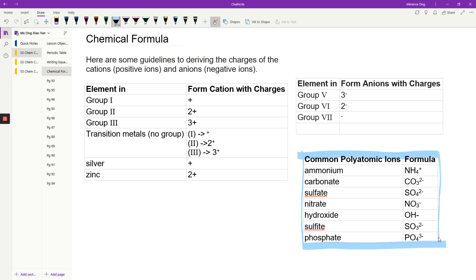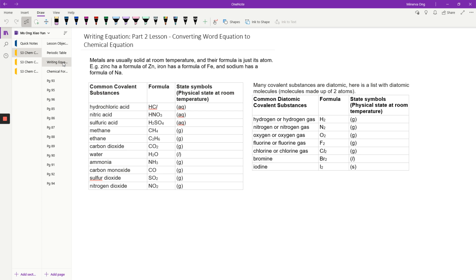Okay, so what we do now is, let me go through some of the important covalent substances. Covalent substances like hydrochloric acid are usually in aqueous state because they ionize in water, meaning they form ions in water.